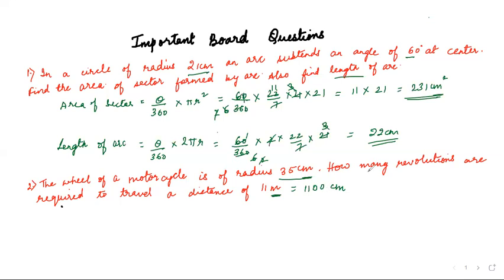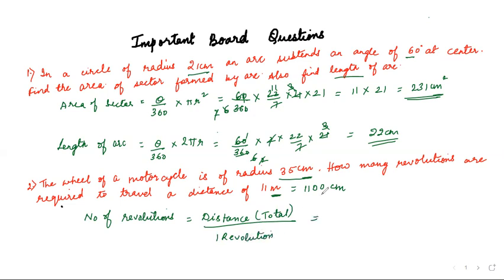Also, whenever they have asked you for a number of times, you always divide. So number of revolutions is equal to total distance by distance in one revolution.